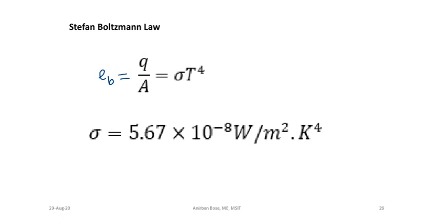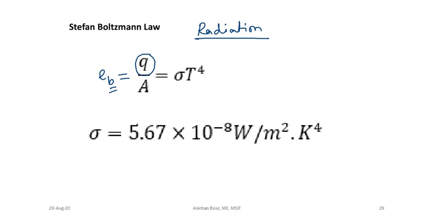Here you can see the radiation. Remember, this is applicable for radiation, and to be very specific, this particular law is applicable for black body radiation. This B basically indicates the black body, and E indicates the emissive power.